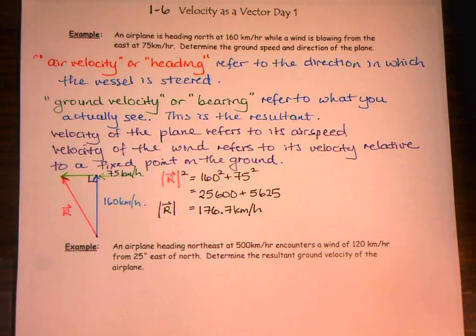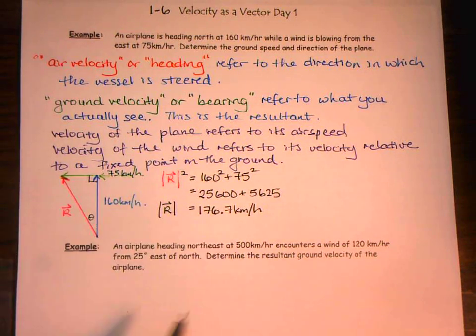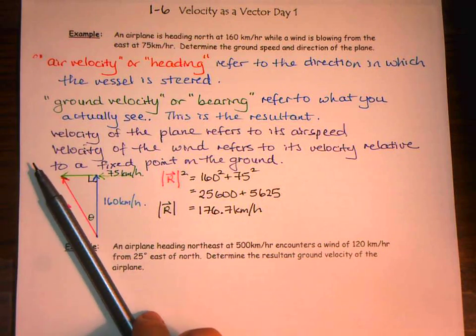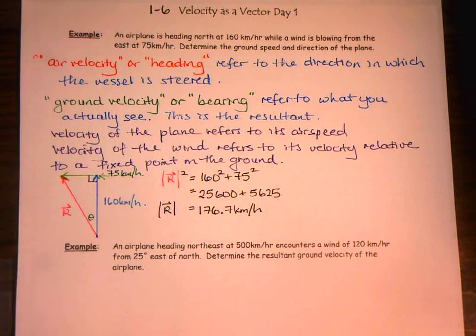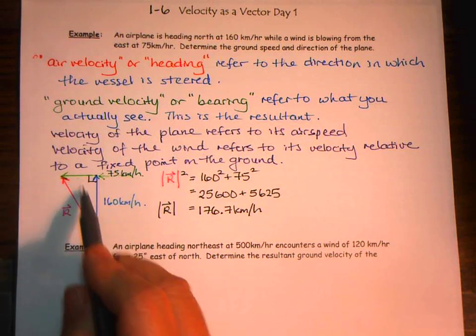However, a vector has not only magnitude, it has direction as well. So we're going to have to figure out this angle in here, so then we could say that it's so many degrees west of north. Okay. Now to find that angle, I have this side, which is the opposite side. I have the adjacent side.